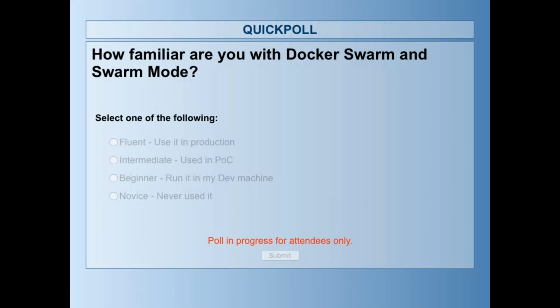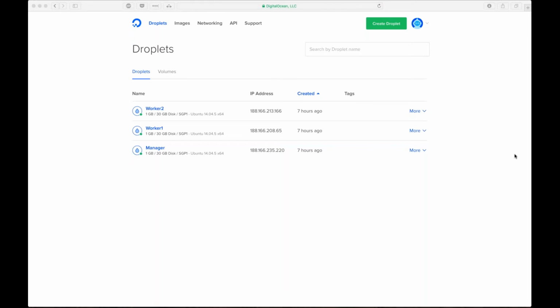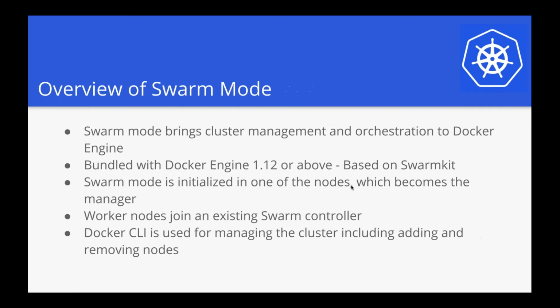So most of you are beginners with Docker Swarm and Swarm mode. So this will also help you get a quick overview of Swarm mode, what it can do, what it cannot do, and how you can take those concepts to Kubernetes. We also have some interesting slides where we compare and contrast Docker Swarm with Kubernetes. So let's get started. Time for me to close the poll and take you back to the slides.